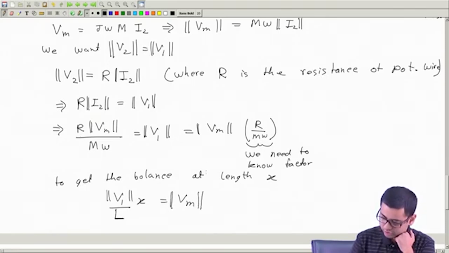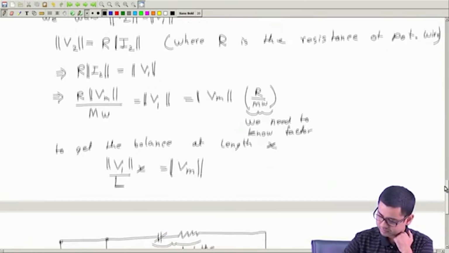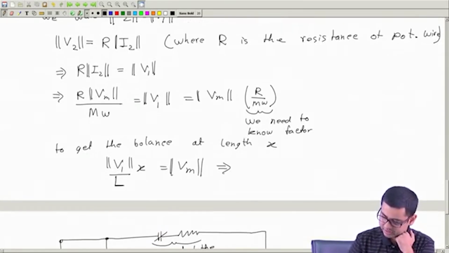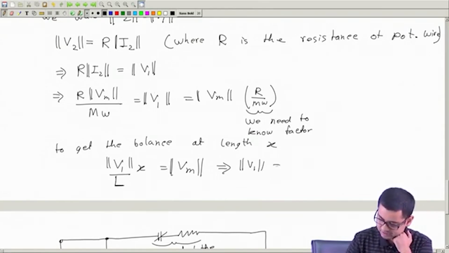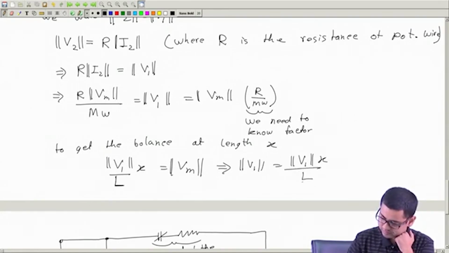Okay. So now from this equation we can write that these two equations will imply that V1 is equal to Vm. Now Vm is same as this, multiplied by R by m omega. This is known.